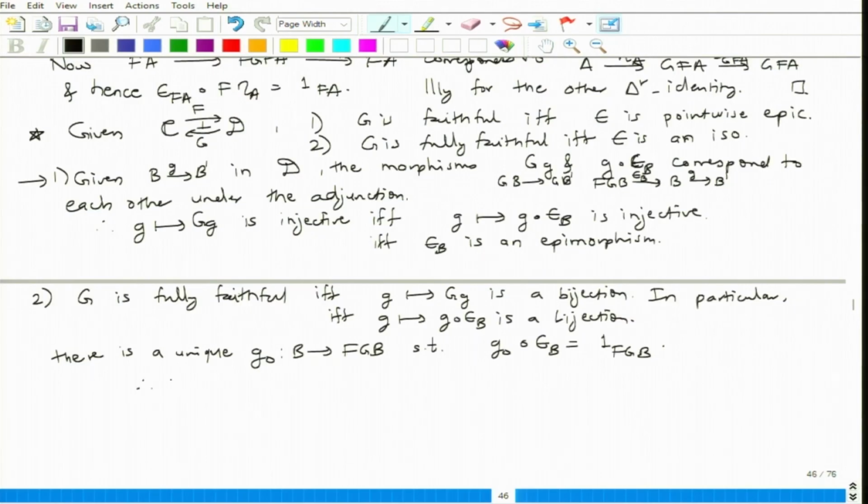So therefore, G naught epsilon B is what?